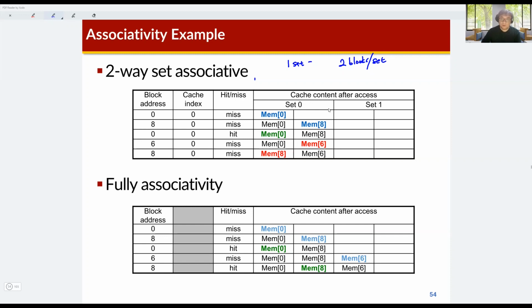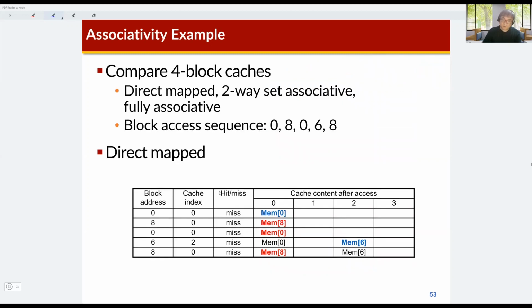It means this cache has 2 sets. What does that mean? The set index has only 1 bit, whereas in the direct mapped cache example, the index has 2 bits.